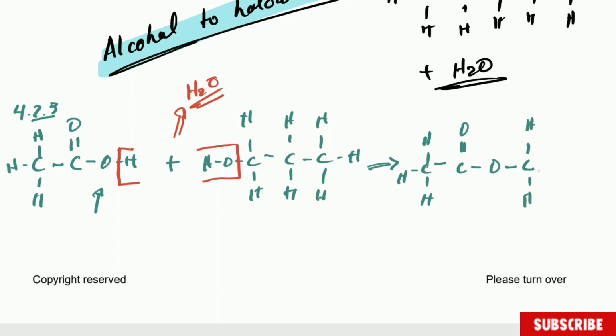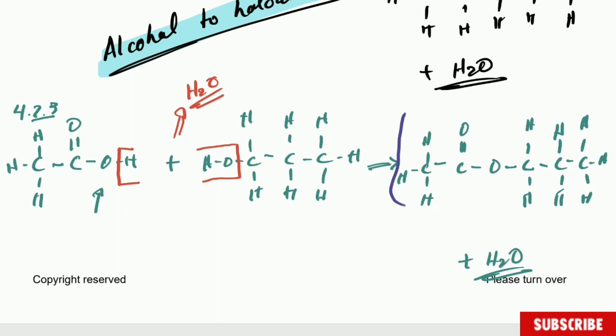And this one is the ester that we have formed in the reaction. And remember, there is also water, so I'm going to write the water here. It's not part of the question. The question is only for the formula. So they want this formula here and the name.